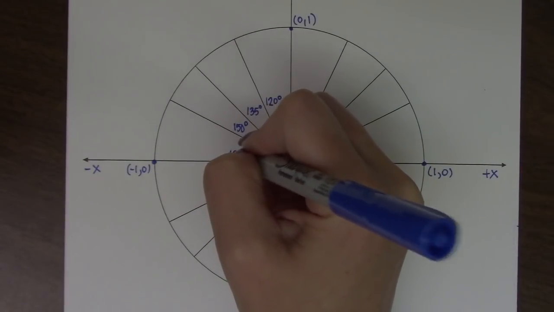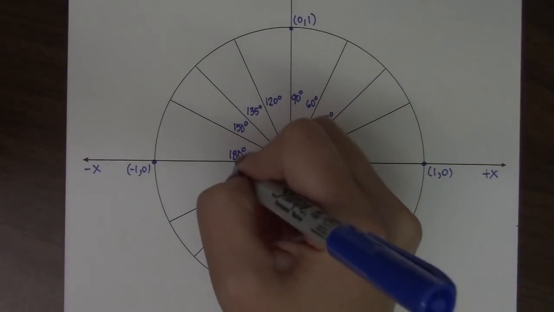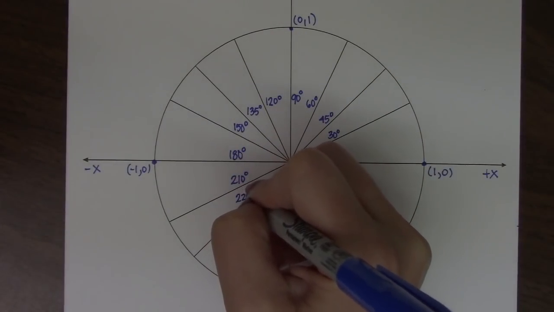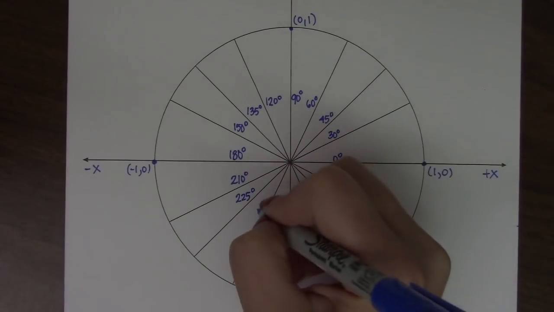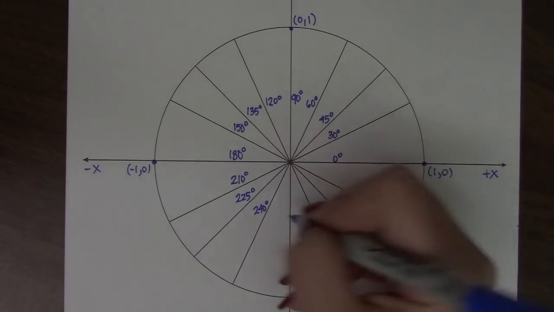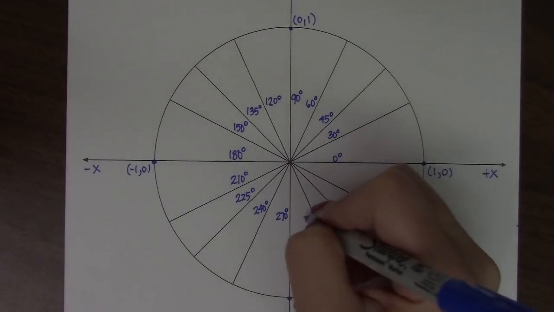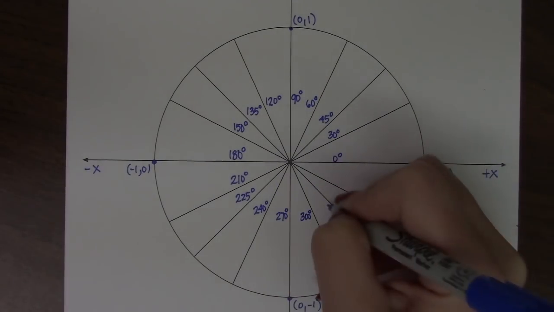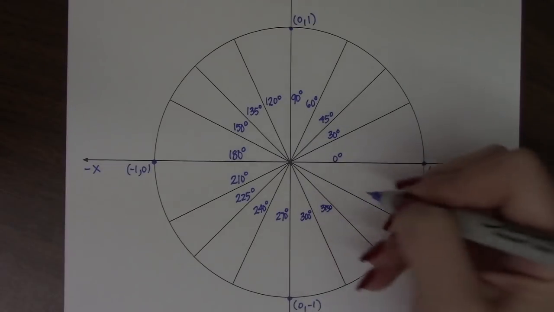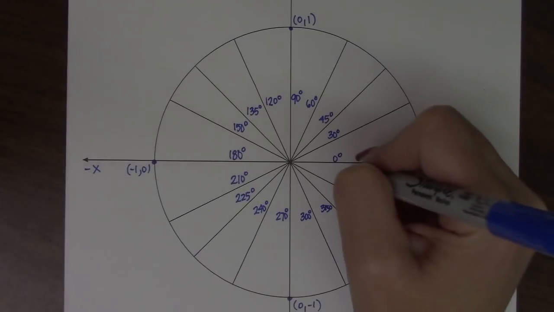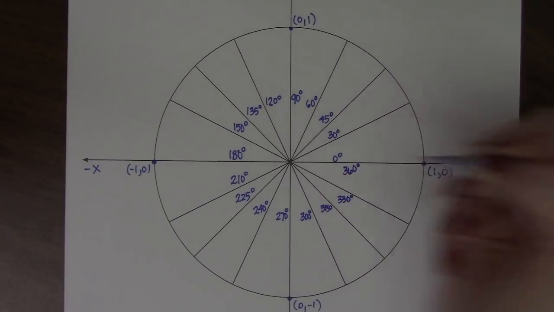And then I add 30, and I'm at 180. Plus 30 is 210. Then I'm at 225. Then 240. And then 270. Add 30, we're at 300, 315, 330, and then we're back up to 360.